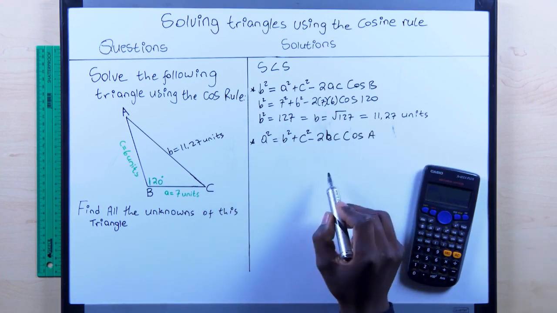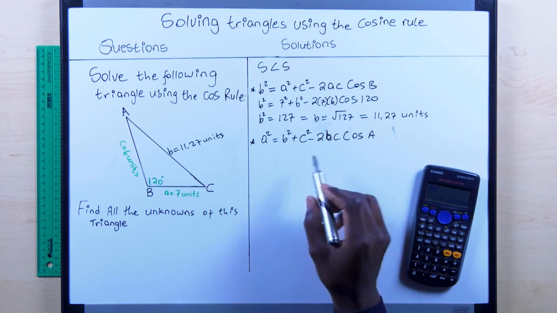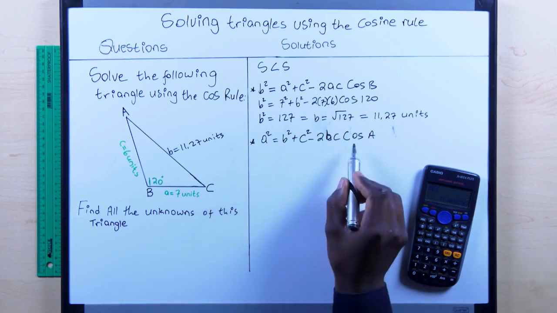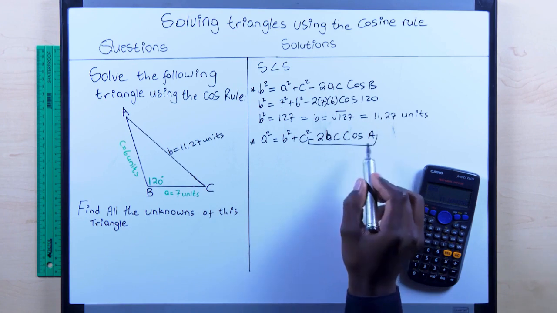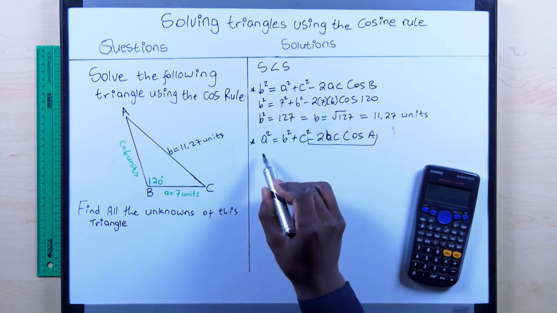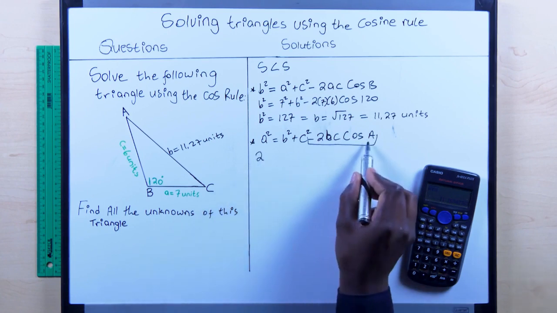We want to find angle A, so let's make cos A the subject of the formula, which makes it necessary to transpose everything here, starting here. I'm going to transpose this whole side to the left-hand side. The sign changes to be positive. And remember, this is just one term.